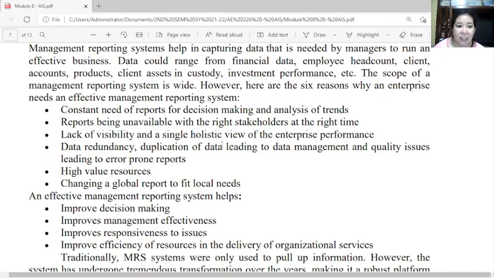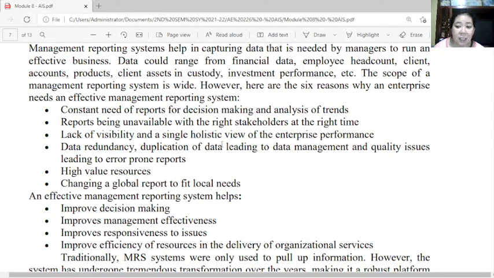Another reason for having an effective MRS is that reports should be available with the right stakeholders at the right time.